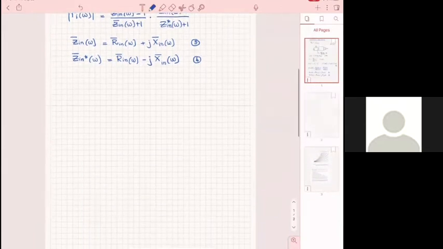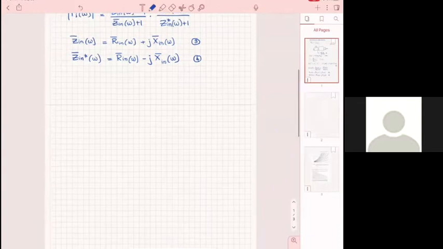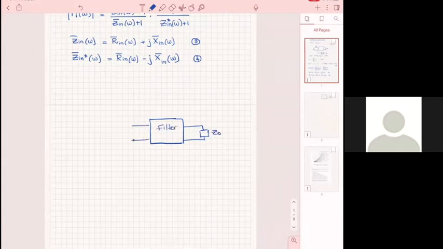Now, let me go back to the system. We have a system here, and that system has a load Z naught, and that's our filter. And then here, we have the input.